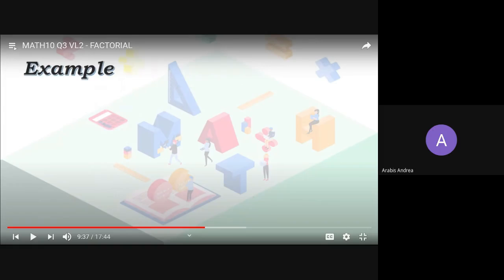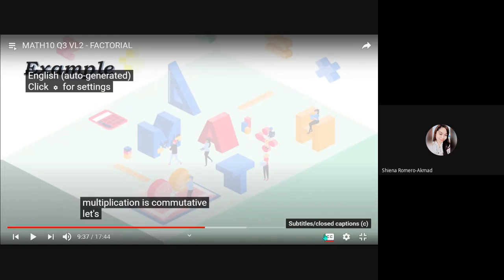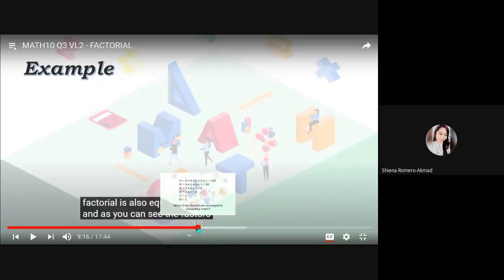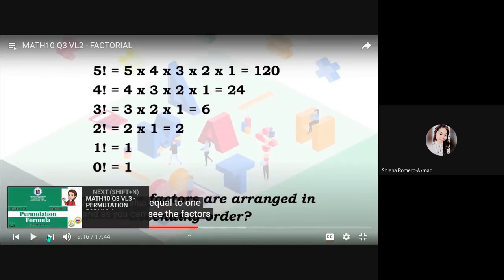The same lang po. Kasi, multiplication is commutative. Okay, don't forget that the multiplication here is commutative.